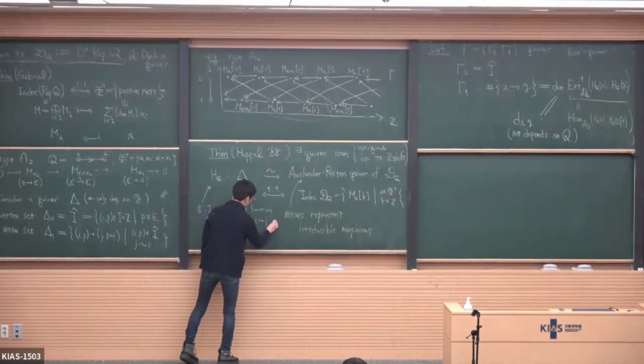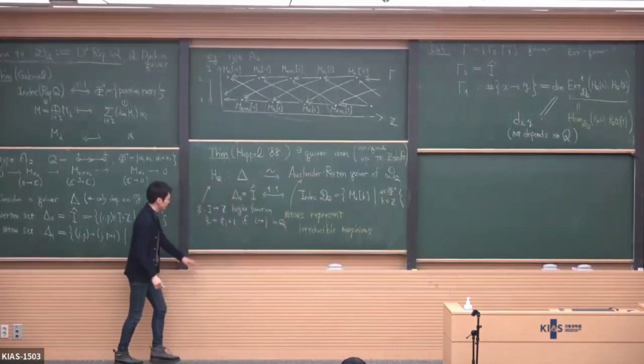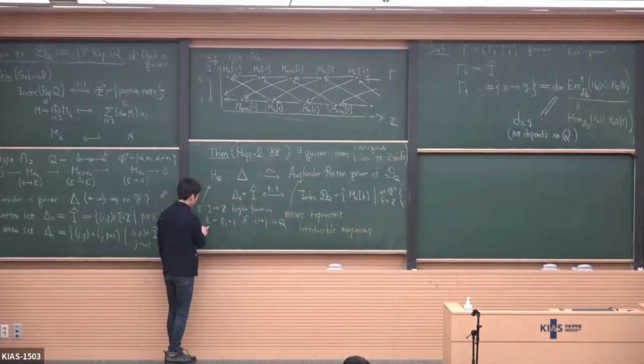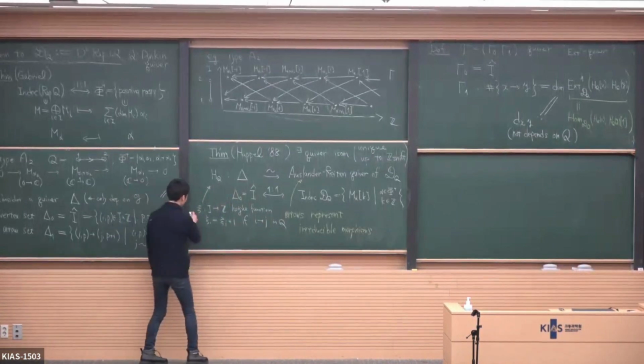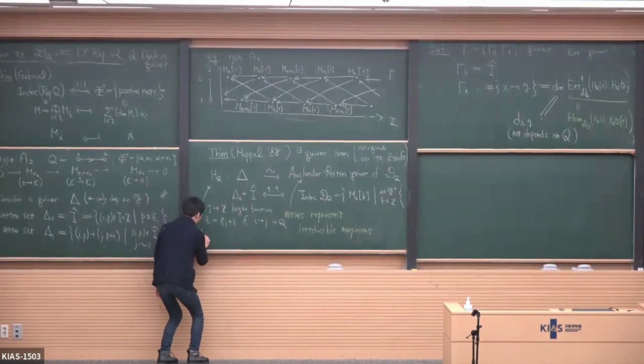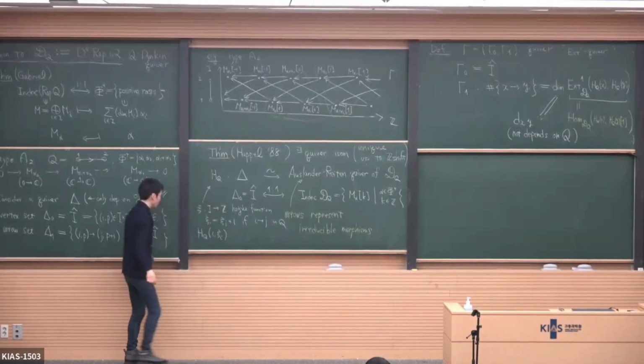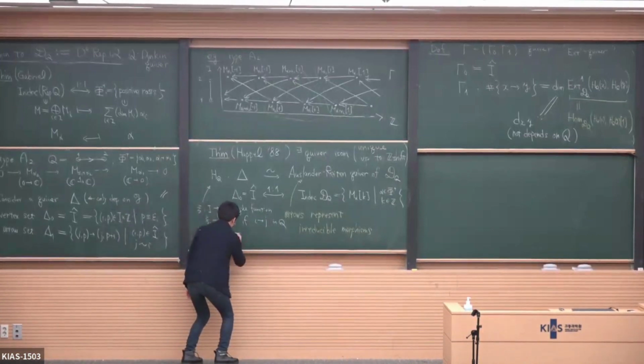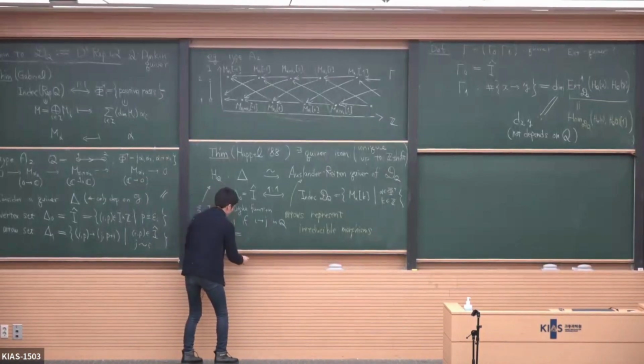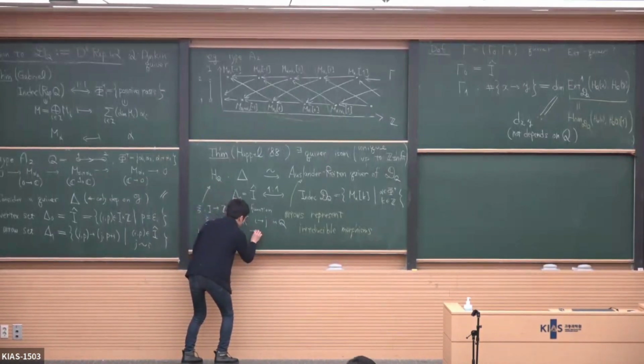So if there is an arrow in our orientation from i to j, then h of i is bigger than h of j by 1. So we then have this h_Q determined by this rule. So psi of i is given by I_i of 0.